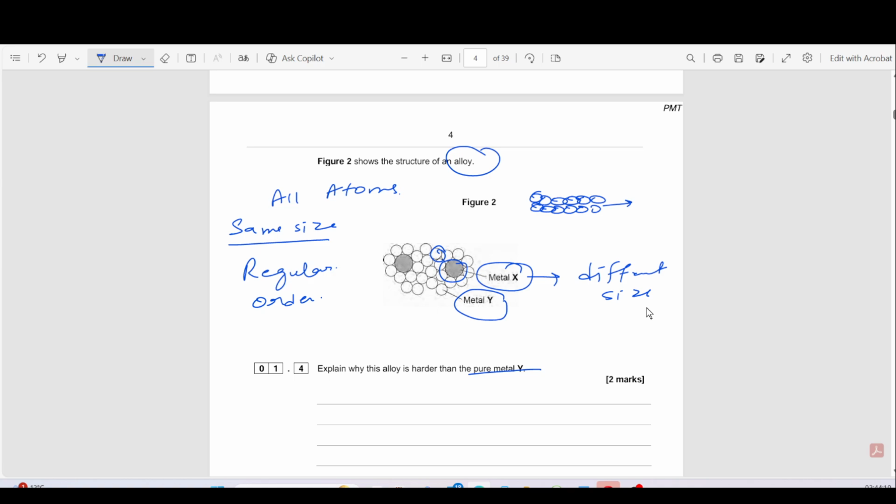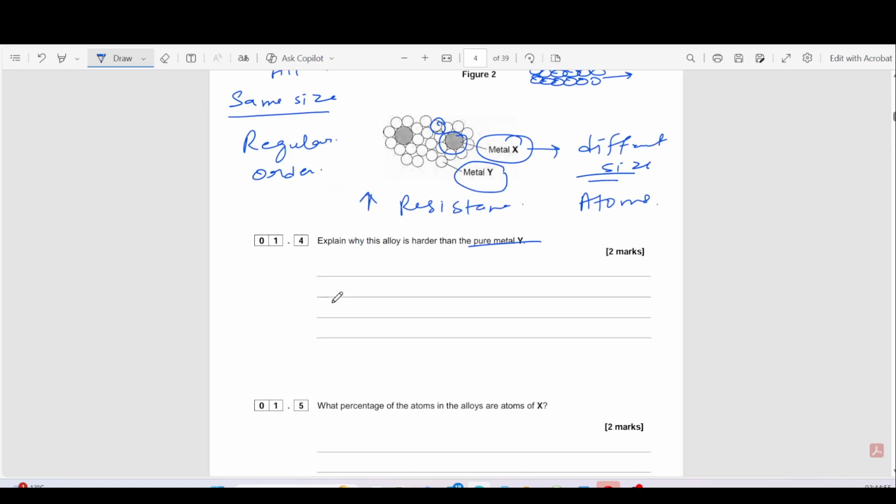So the presence of these different sized atoms makes it much more difficult for the layers to slide past each other, and this increases resistance. Because of this, resistance increases, which makes the alloy stronger and harder than the pure metals. Pure metals are more malleable. Malleable means they are soft because of the same size atoms.